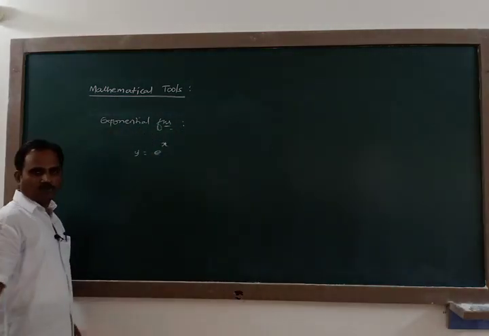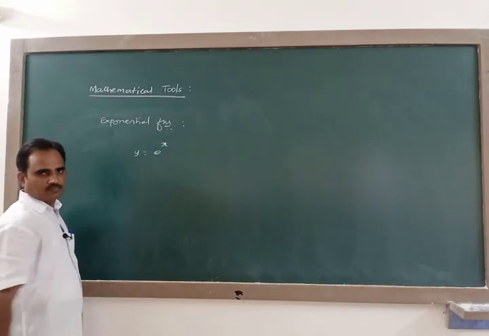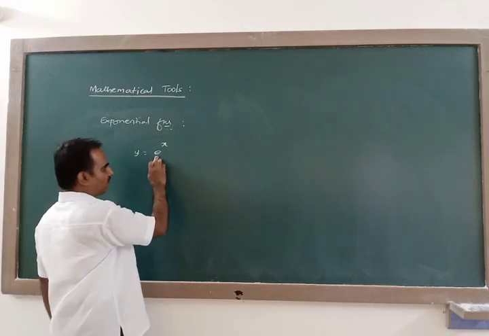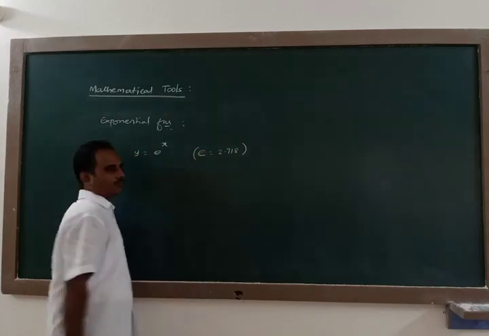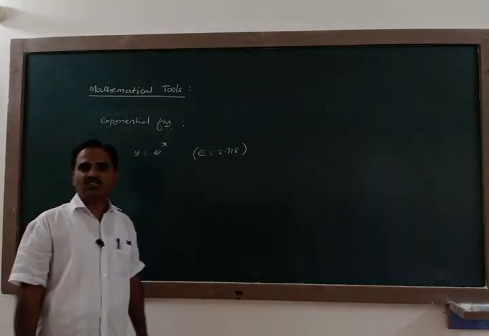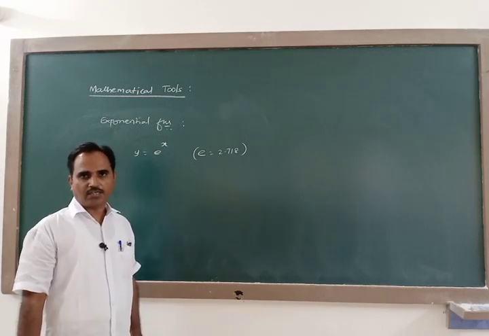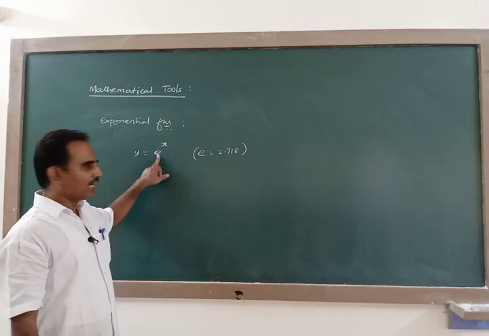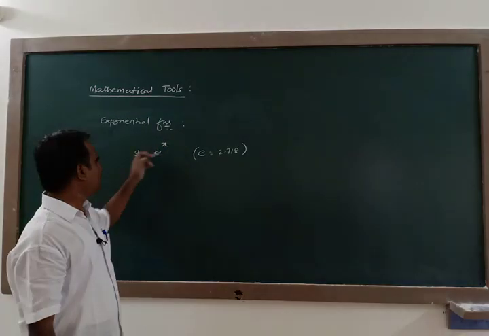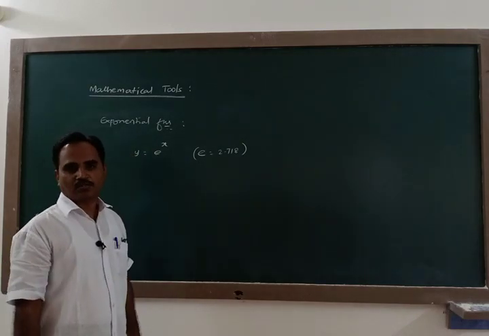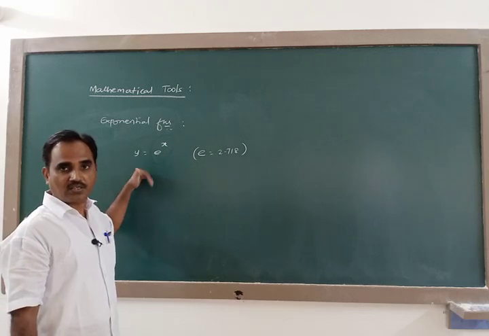Y = e^X. Then these functions are called exponential functions. In this exponential function, this e stands for a numerical value which is 2.718. E is the exponential constant, its value is 2.718. So this being a constant, as x increases, e^x increases, therefore the y also will increase. So as x increases, y increases exponentially.